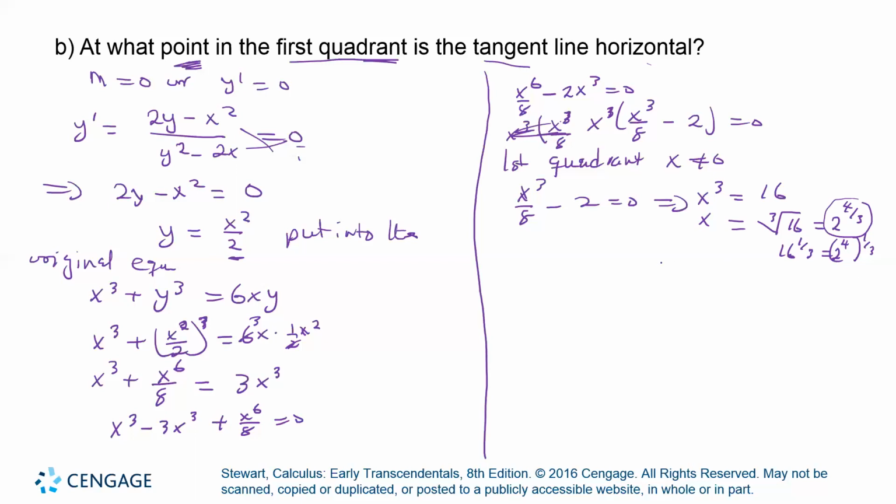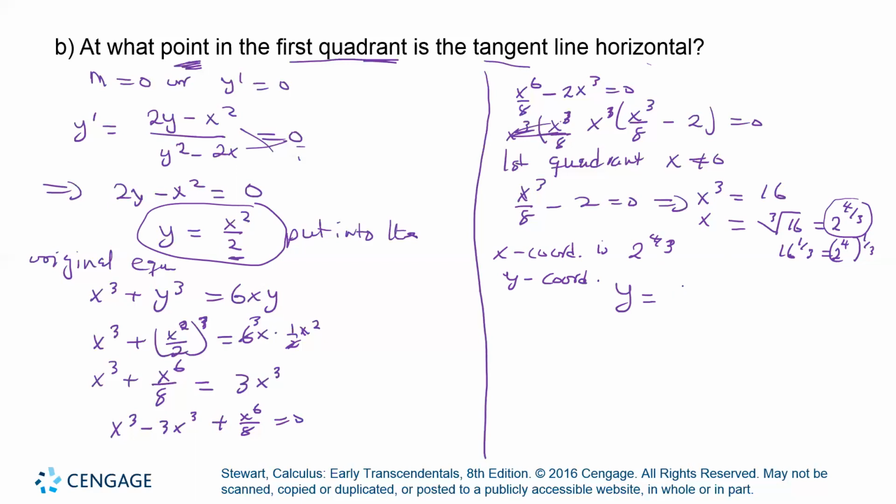So therefore, what is the y coordinate? This is the x coordinate, 2 raised to 4/3. Well, we know y is equal to x squared over 2, so let's substitute the x into that.